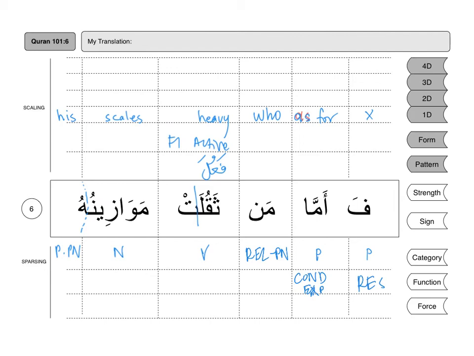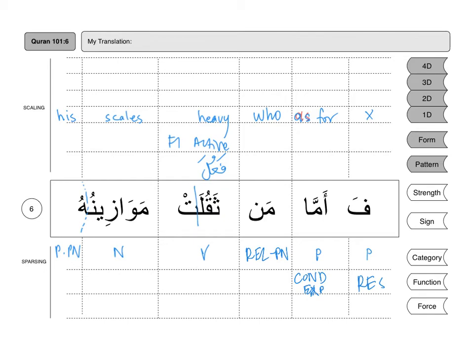Whenever you see amma, you will see that it will have a sentence and then it will be connected to fa. So if amma man thaqulat mawazinuhu fa, as in amma, as for, then. So as for must have a then after that, which is signified by fa. So that's why you have a fa after this verse.